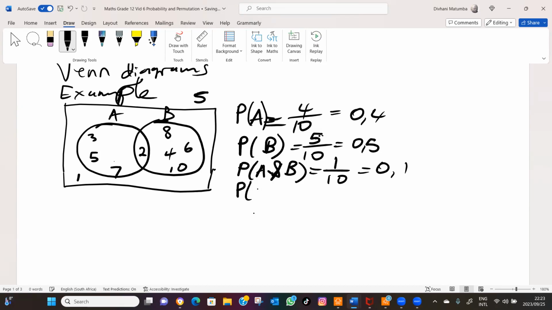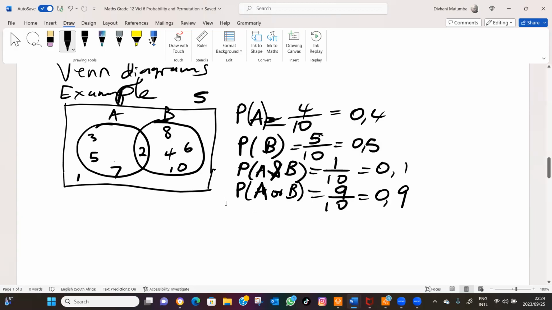Now, what is the probability of picking a number within A or B? We only have one number outside. So the chance is 9/10, which is 0.9. All right. And that's where it ends.